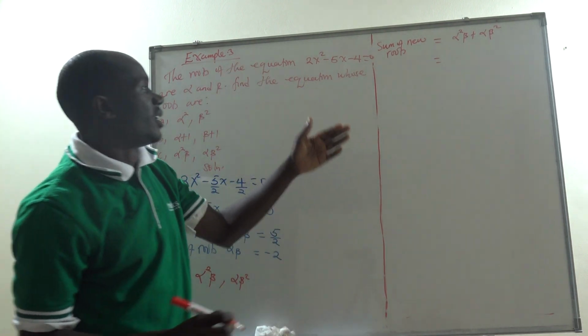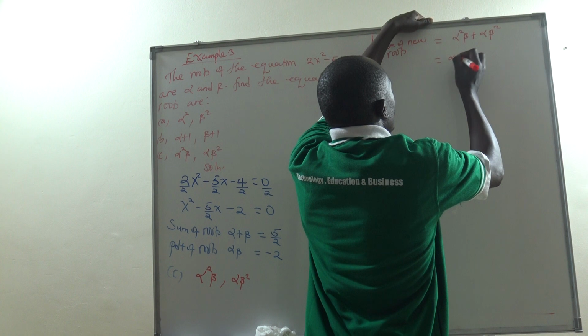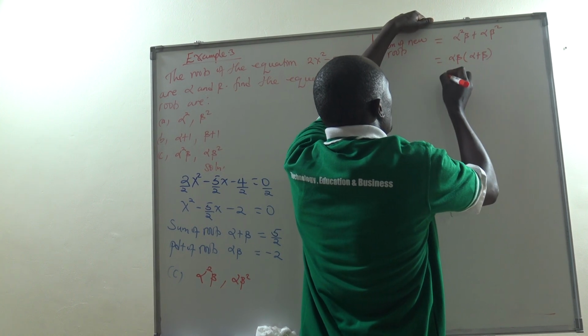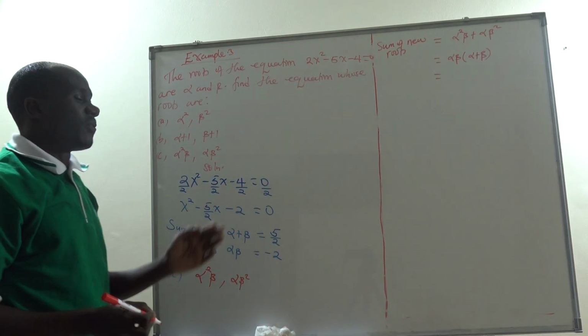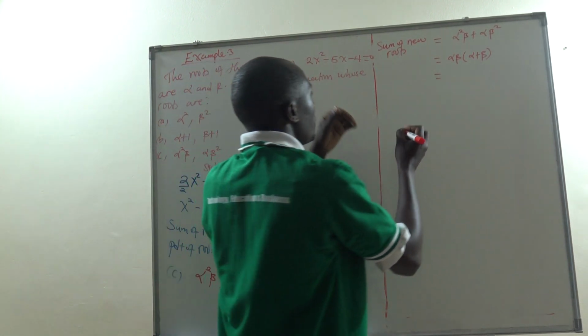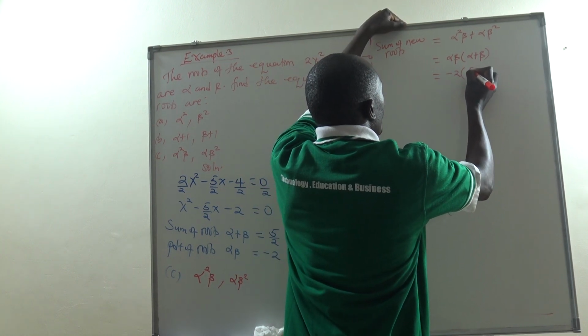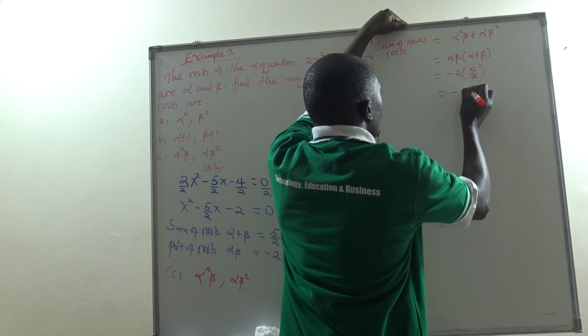What is common is alpha beta into alpha plus beta. So do we know alpha beta? Alpha beta is already negative 2 into 5 over 2, which is already negative 5.